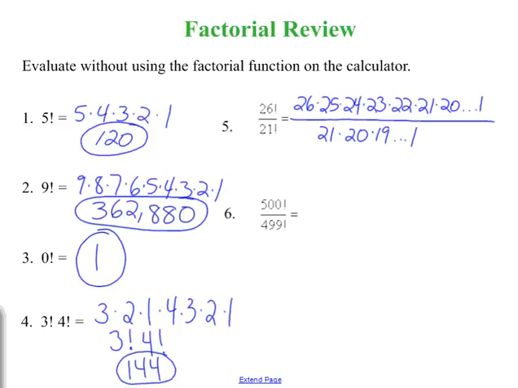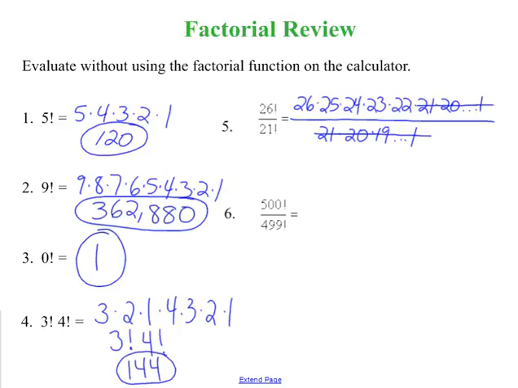Now, in the numerator, on top of this fraction, we have 21 factorial right there. This 21 factorial in the numerator will cancel with the 21 factorial in the denominator. So we can cancel out all of that and all of this and simplify it to 26 times 25 times 24 times 23 times 22.